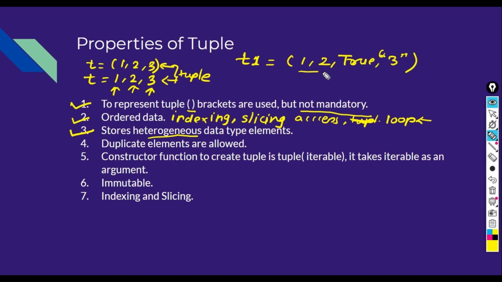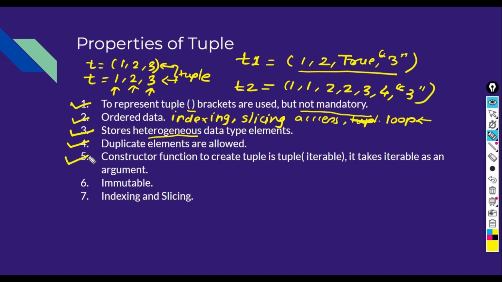So these heterogeneous data type elements are allowed in tuple. Then duplication of elements is allowed, means repetition of elements is allowed. For example, I have this t2 and if I am repeating elements, that is also allowed in tuples.